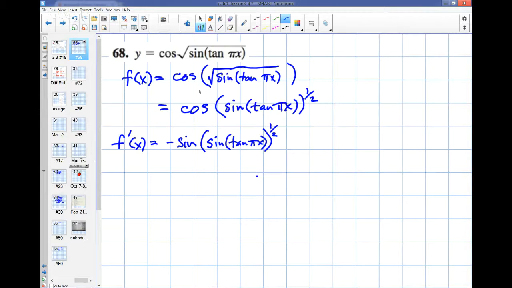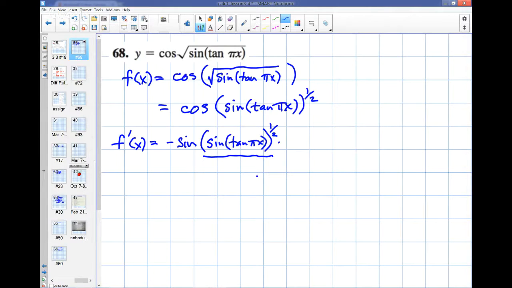Now, as you move in, what's the next most inner thing? Now it's the power, right? And I know it's a little difficult to see here, but the next thing is all of that to the 1/2 power. So the next thing I have to do is the power rule.